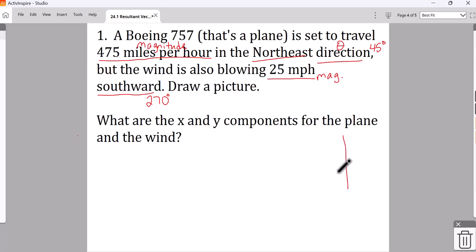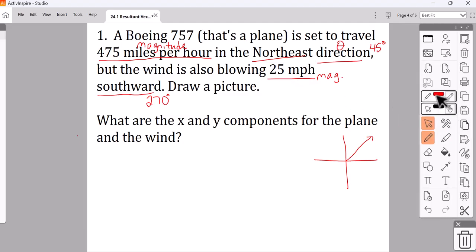And so our picture here. Our magnitude, remember, is the length of our arrow. So if this is 475, the arrow for your plane needs to be much longer than the arrow for your wind.